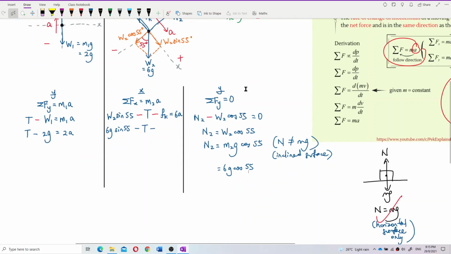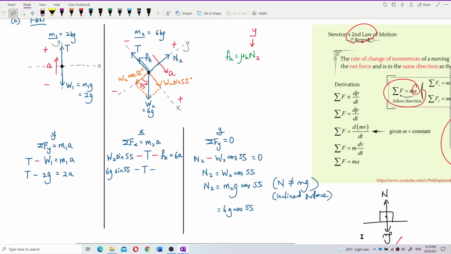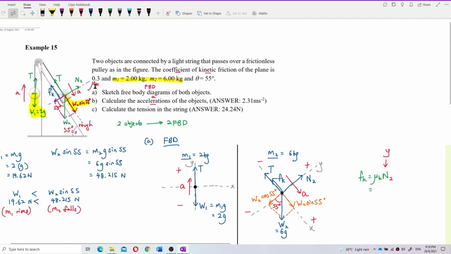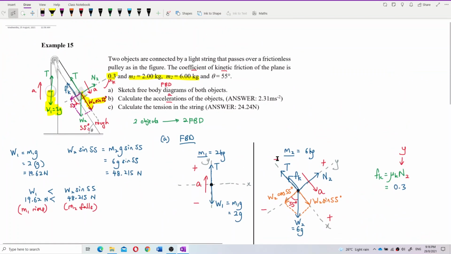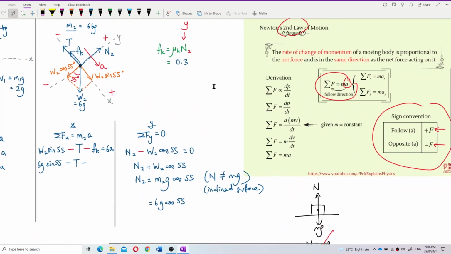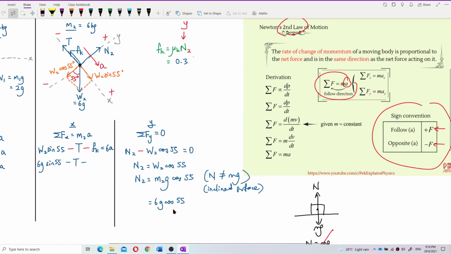Let's calculate the answer for this one. This 6g cos 55 is N2, so just substitute it in to find the friction first. We have mu k already. Mu k given is 0.3, and mu k has no unit. Multiply by the normal force, which is 6g cos 55.